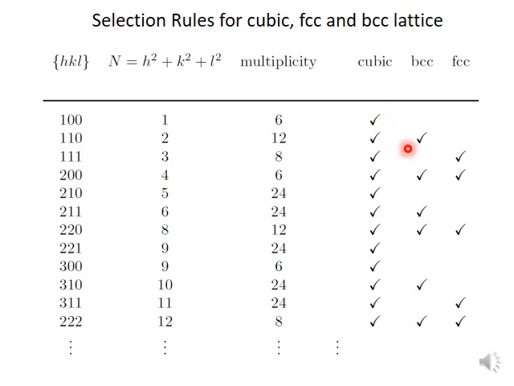But if n for the first peak is 2, the second peak is 4, and the third peak is 6, then you know that you have a BCC system, because n for BCC has this combination, and for FCC the n starts from 3 rather than 1. So the value of n for the first peak immediately gives you this information about whether you are dealing with a simple cubic system, a BCC system, or FCC.